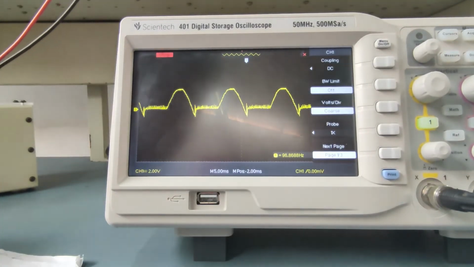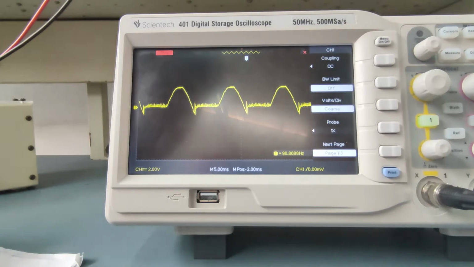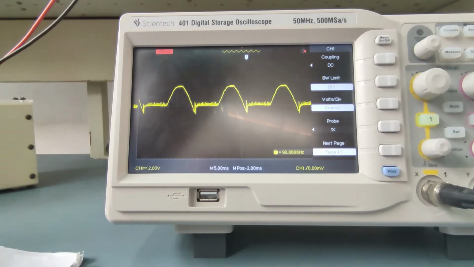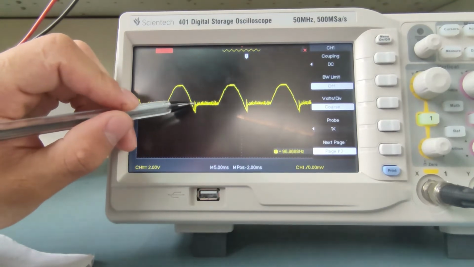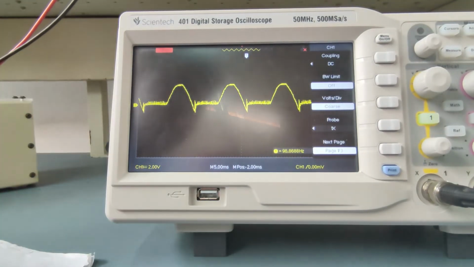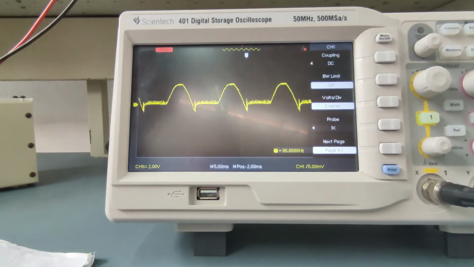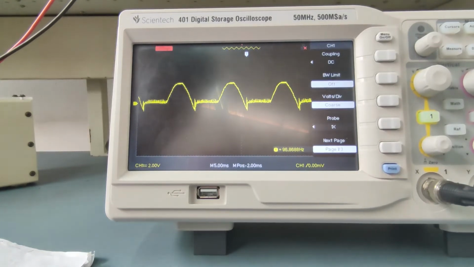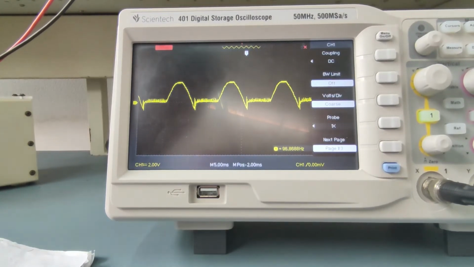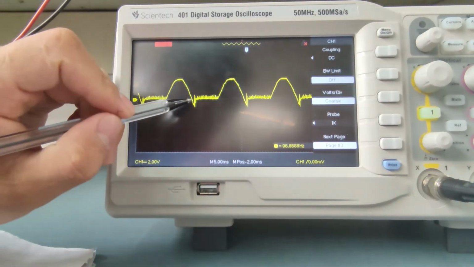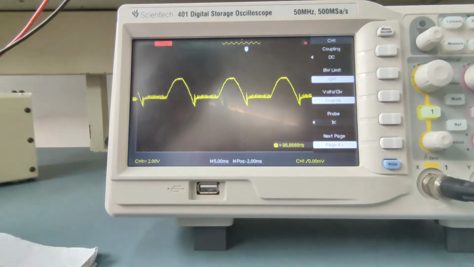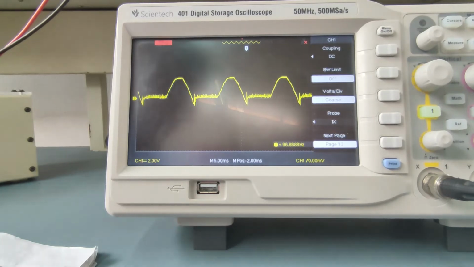Now that we have observed the waveform for single phase half wave uncontrolled rectifier, we observe that there is a negative voltage registered in the output waveform, and this is because during the positive half cycle the diode conducts, whereas for the negative half cycle there is no conduction by the diode.